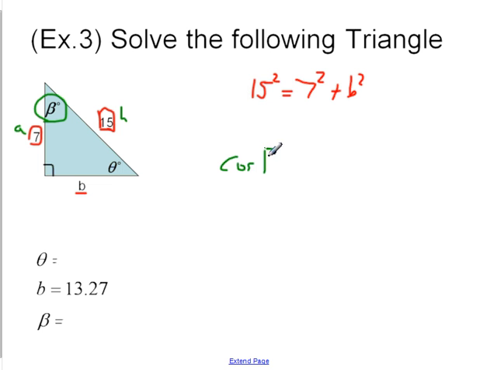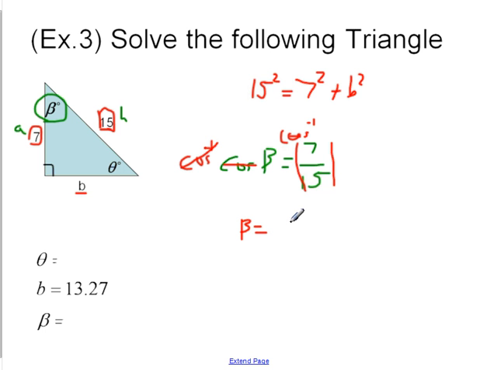So we're going to have cosine of beta equals 7 over 15. Now how do you get the beta by itself? You are going to take the inverse cosine. If we remember back from Algebra 2, inverse functions cancel normal functions. So take the cosine inverse of both sides. Basically, it's like canceling out the cosine there.